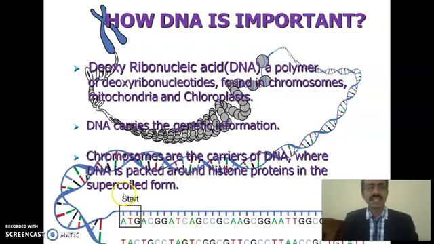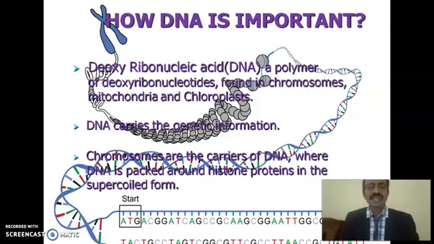DNA is called the genetic blueprint of the organism because it has the total information of the structure of the organism. So it is called the genetic material. And also DNA is transferred from one generation to another generation. It carries the genetic information. So it is called the genetic material.